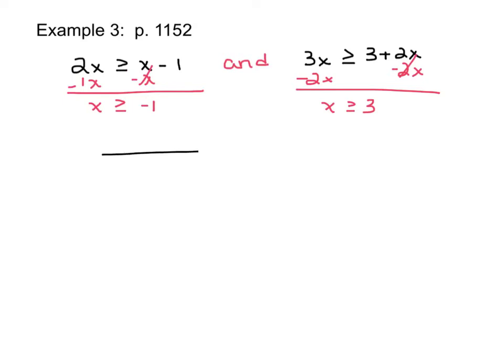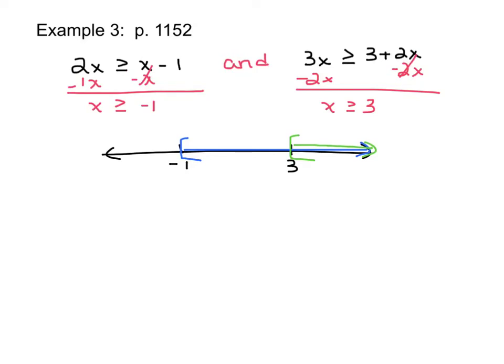So I'm going to graph both of those. So I'll have negative 1 and 3 on my number line. So the first one, x is greater than or equal to negative 1. Shade everything greater. Then the second inequality, x is greater than or equal to 3. So again, it's an AND question, so I want to know what's in both inequalities.